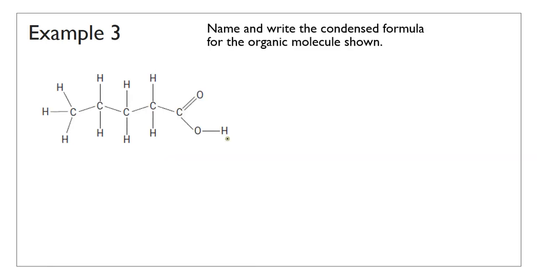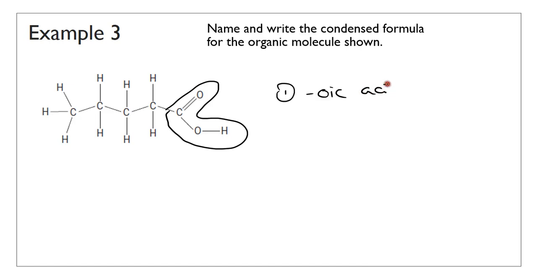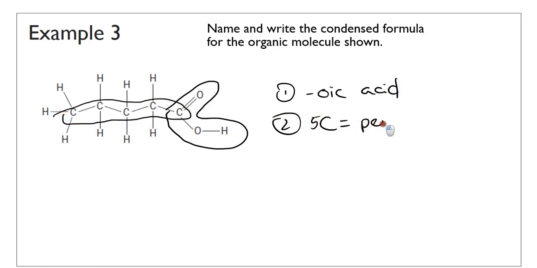so example 3. Okay, let's do that again. So C double bond O, OH, number 1. So it's a carboxyl group. Oic acid is the suffix. Longest carbon chain: 1, 2, 3, 4, 5. So pent. The rest of the molecule is alkane, so AN.